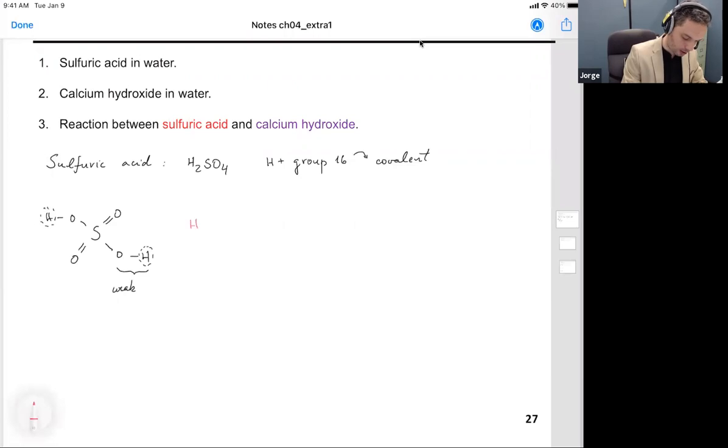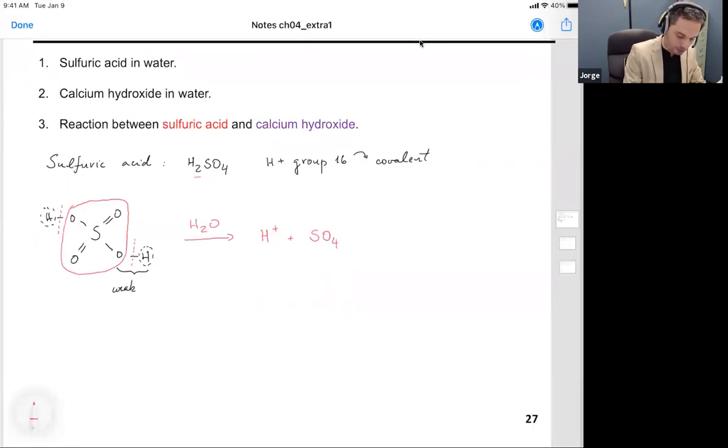Okay. When we dissolve sulfuric acid in water, the bond between oxygen and hydrogen will be broken. See here that I'm releasing hydrogens in the form of H plus, and what is left is everything that's not hydrogen from the structure. Okay. In this case here, sulfate.